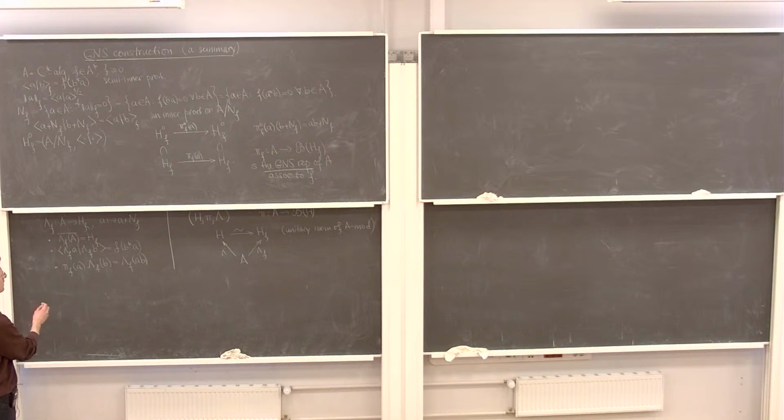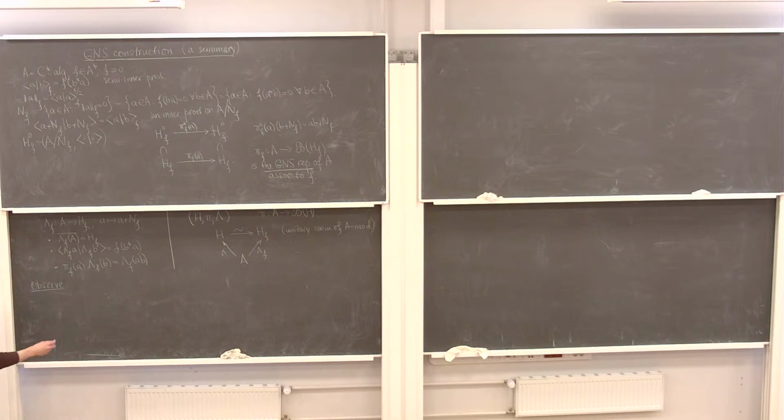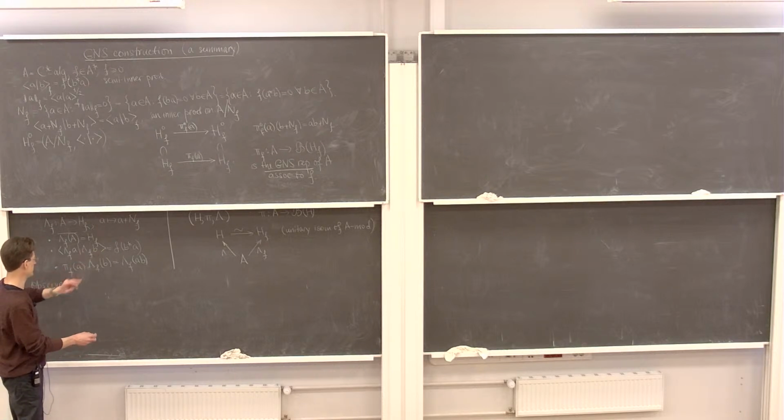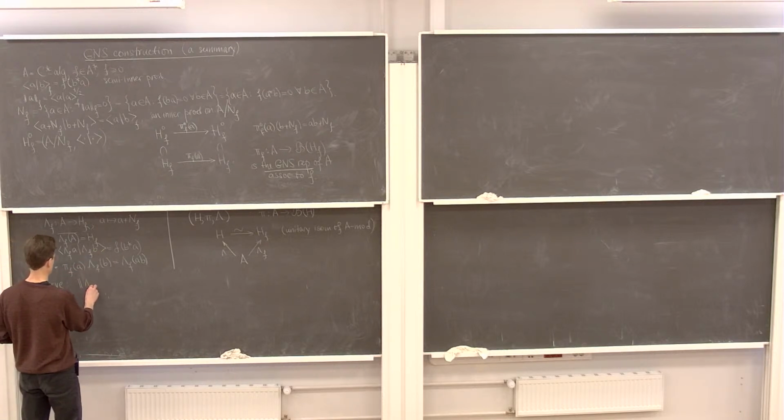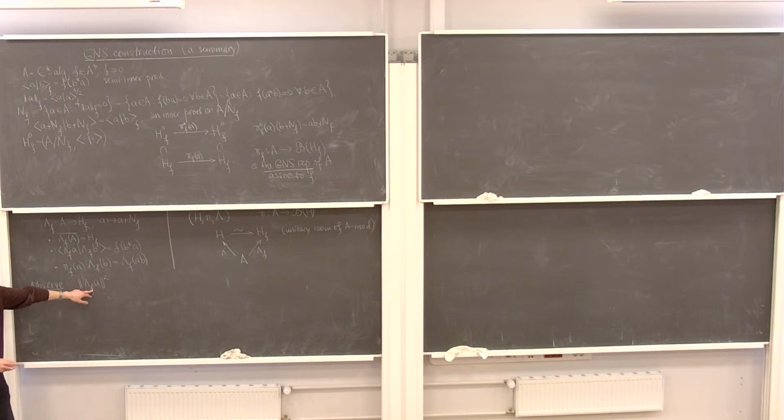By the way, let's also observe that this map lambda f is contractive. Because if we substitute here A, then we get the norm of lambda f of A squared.